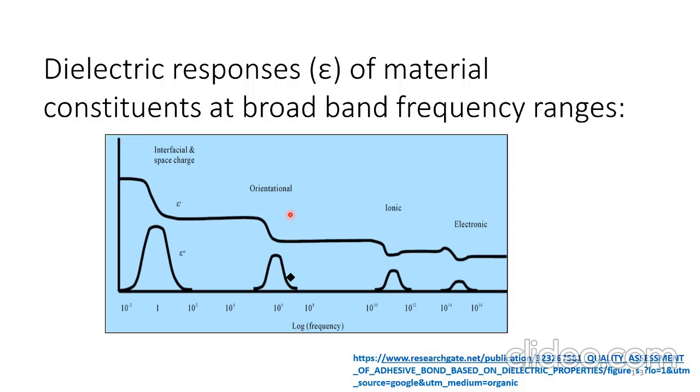For the orientational it will be around 10 to the power 6, and for the interfacial and space charge it is around 1. It occurs at a very low level of frequencies.